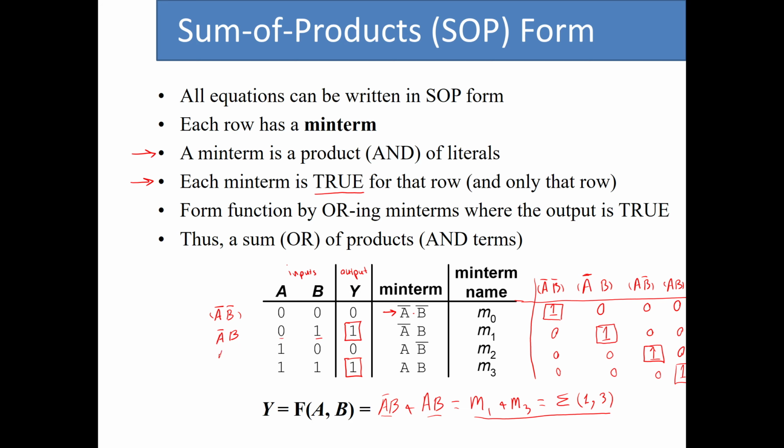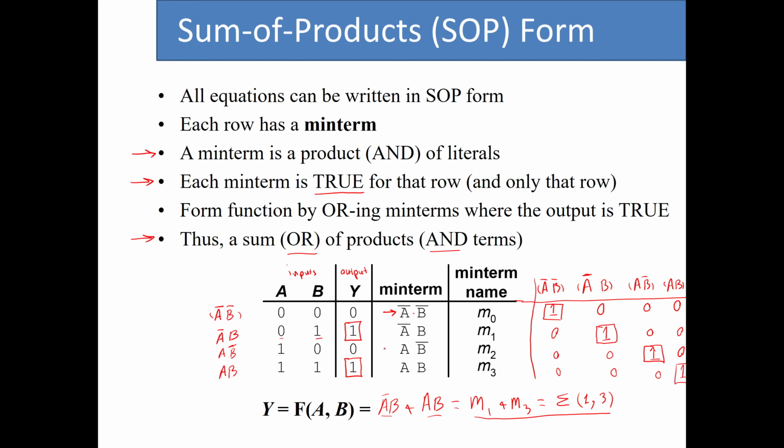For the third row, we have A itself because the value of A is 1. B has a bar because the value for B is 0. And finally, for the last row, we have A B. And that is why we call this the sum of products, because we are ORing some products.